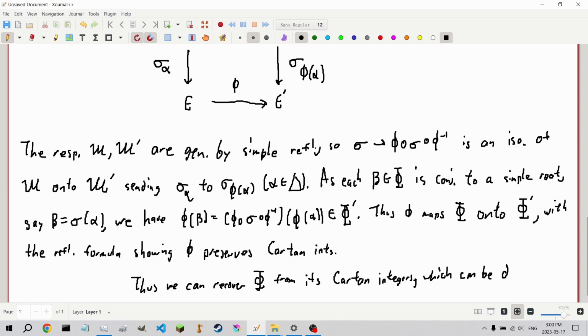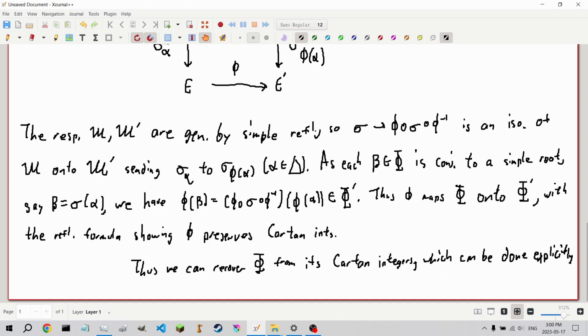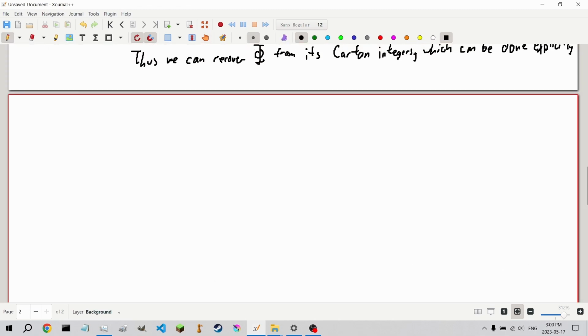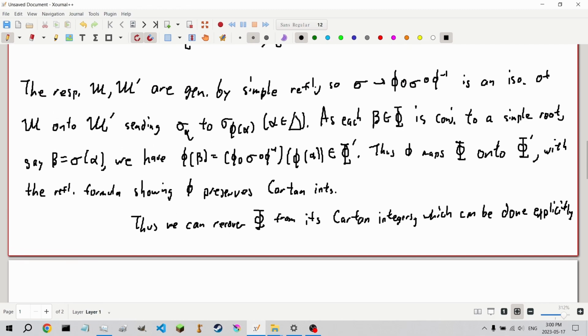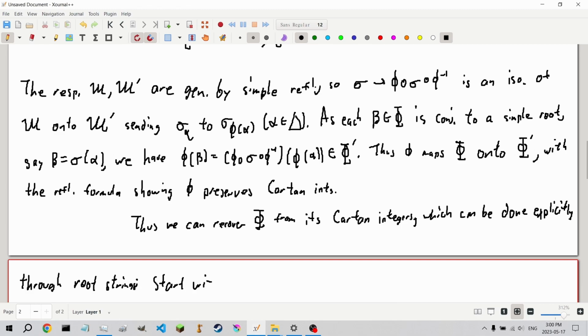This isn't just like there exists a corresponding basis. Through, for instance, root strings. We start with roots of height 1, which are our simple roots.